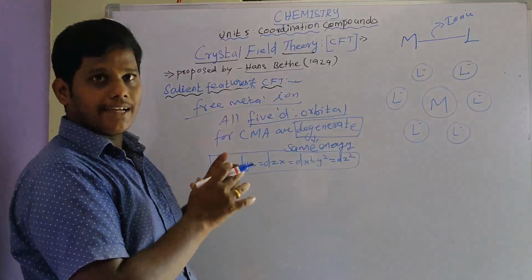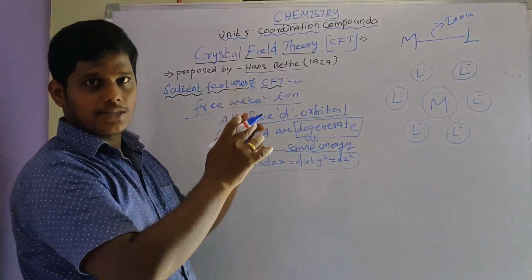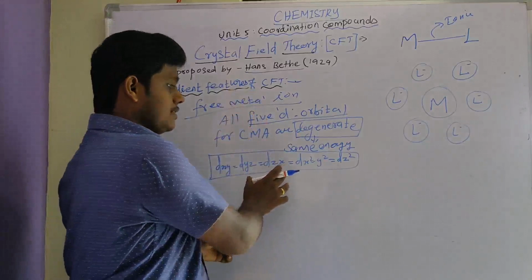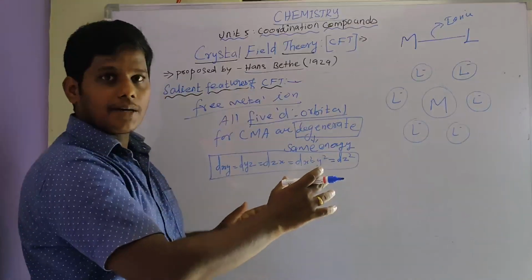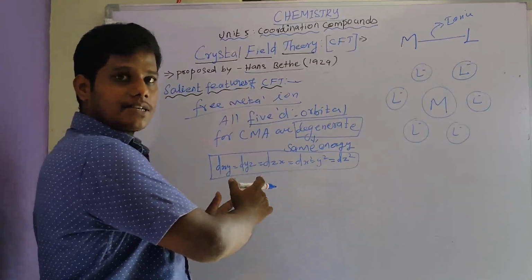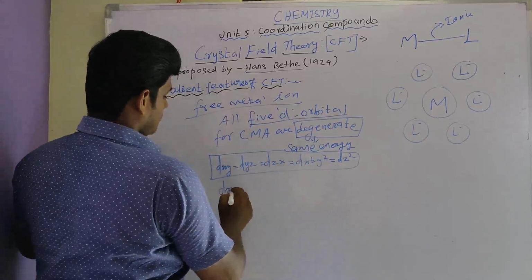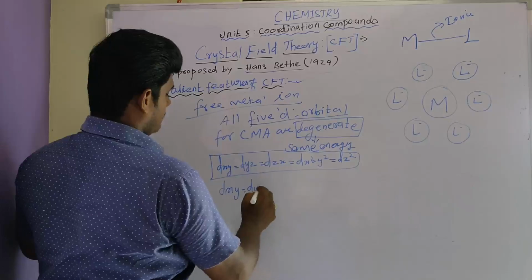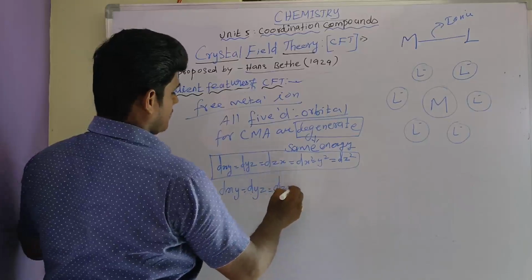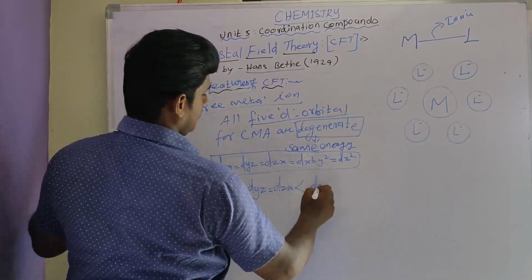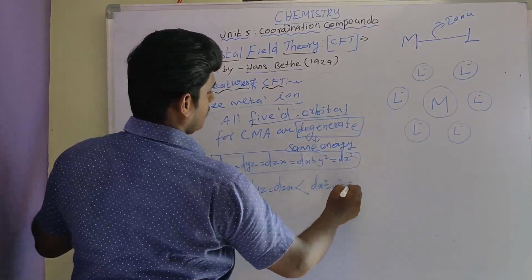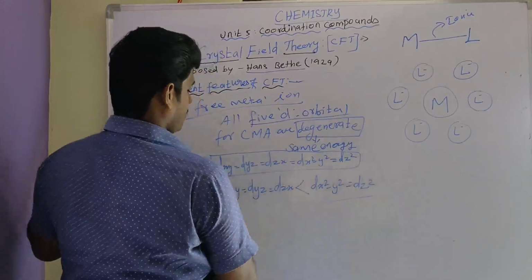Now the energy is raised, so the degeneracy splits into two levels. That means the degeneracy level changes: dxy equal to dyz equal to dzx, and dx square minus y square equal to dz square.